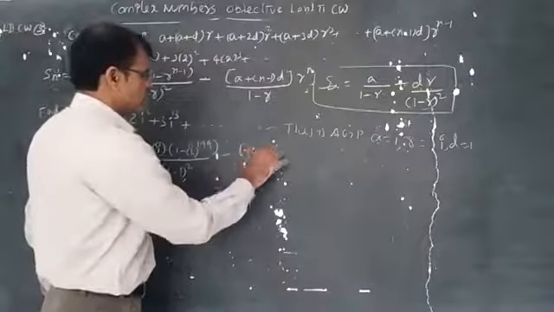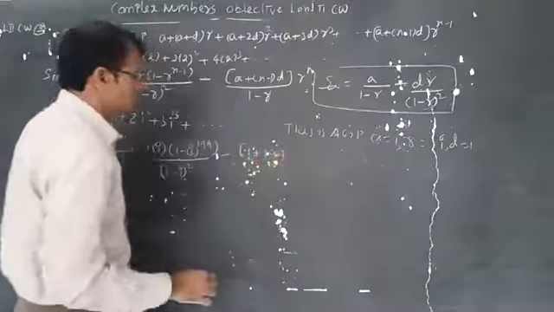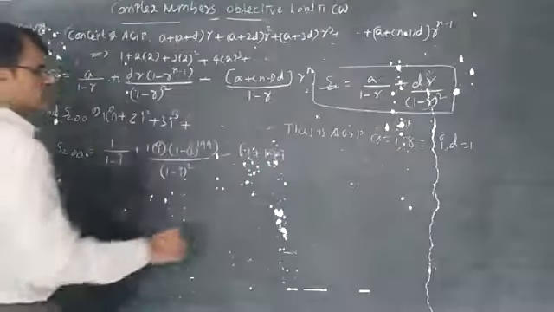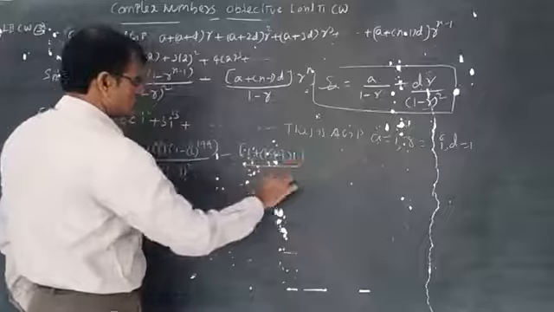Minus a plus n minus 1 into d, so 1 plus 199, into r power n, meaning i power 200, by 1 minus i.